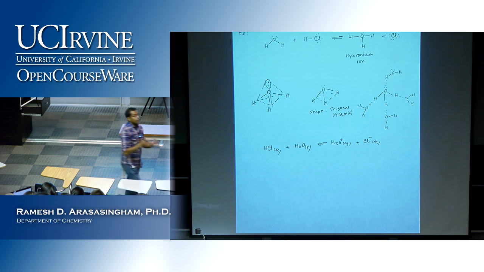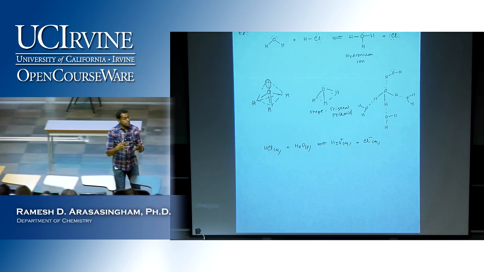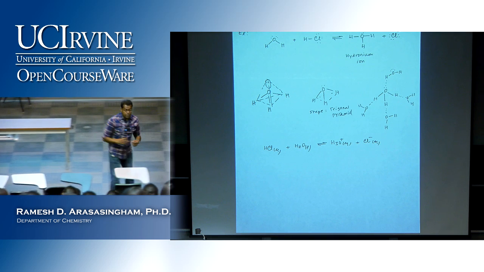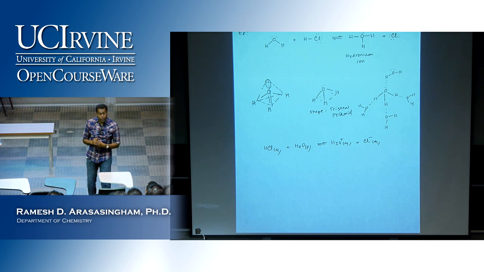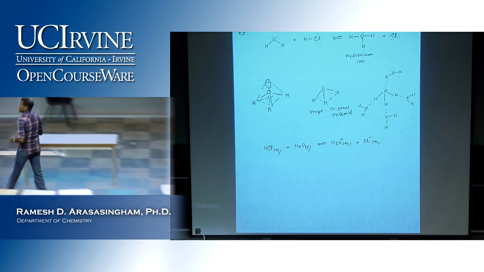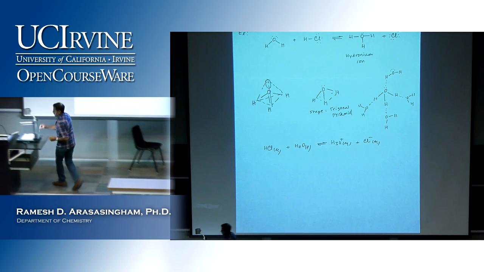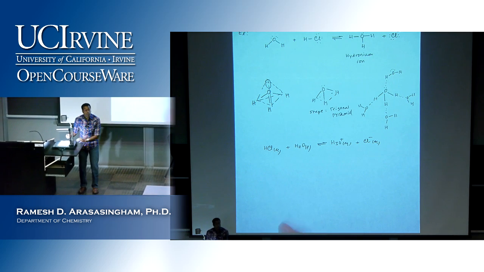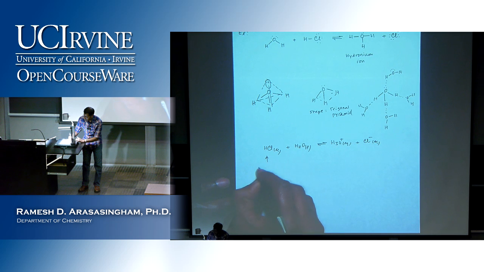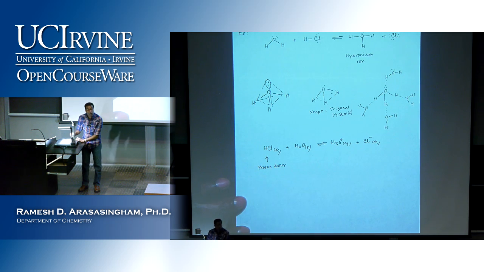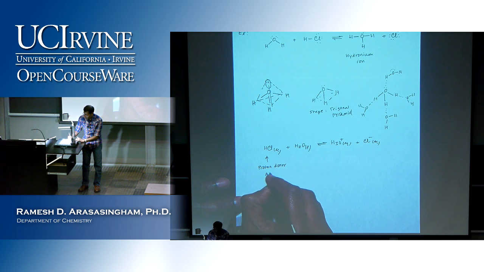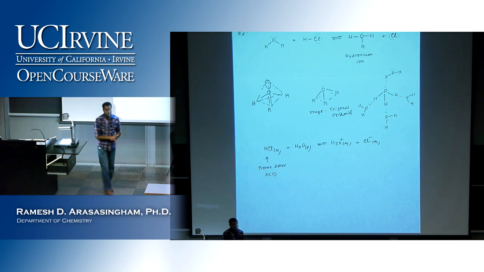Now we want to apply the principles that we've learned, the definitions from Bronsted-Lowry. Okay? So if I turn to HCl, can everybody see that in this interaction, HCl is the proton donor? And we know if it's a proton donor, what do we call it? An acid.